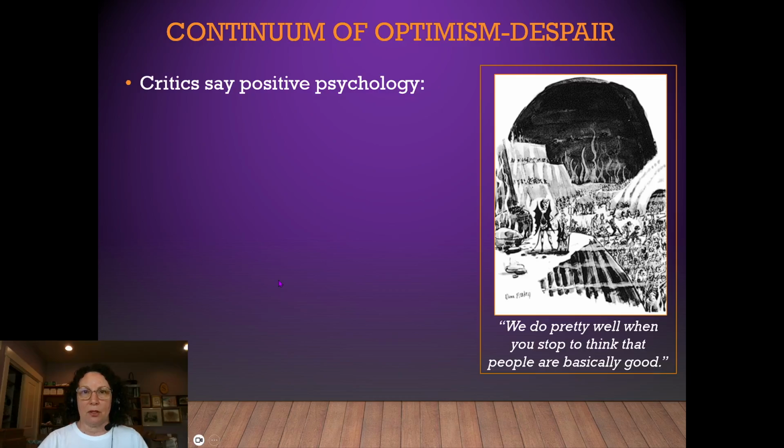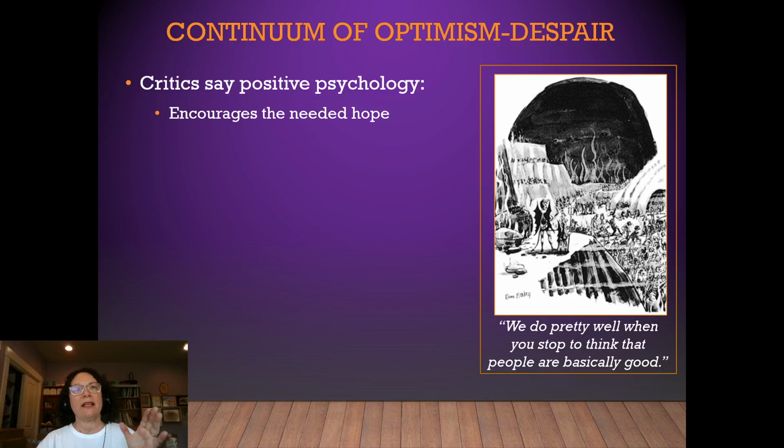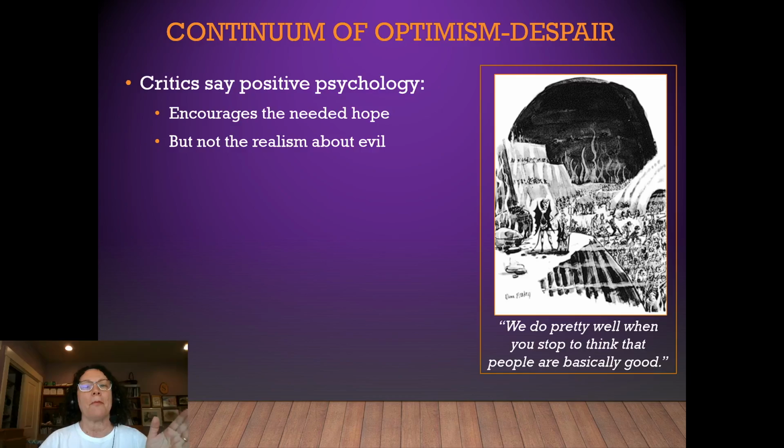So some people criticize positive psychology for overemphasizing the benefits of optimism by saying, yeah, we need hope. We don't want people dwelling in despair. That's true. So they say, okay, yes, positive psychology is encouraging the hope that we need. That's true. But not enough realism about evil.